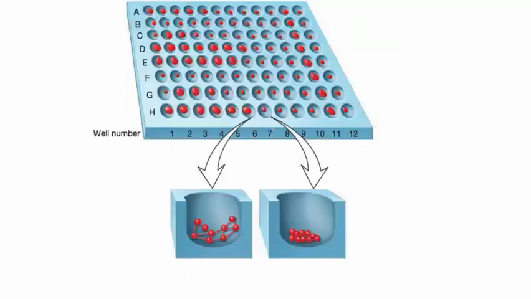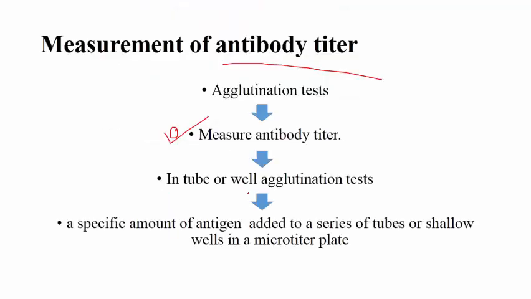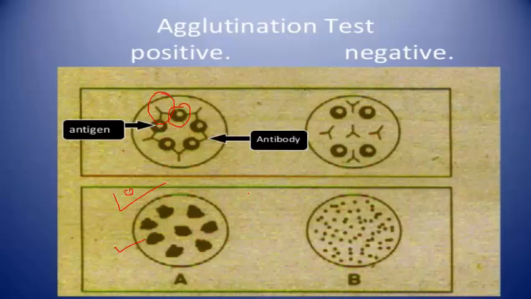Apart from this tube test, it can also be performed in a microwell plate. The same procedure will be there, just the clumping is observed, right? Serial dilution is done, and the turbidity or agglutination is observed, right? So this is the agglutination test, which is one of the rapid methods to detect a particular disease.